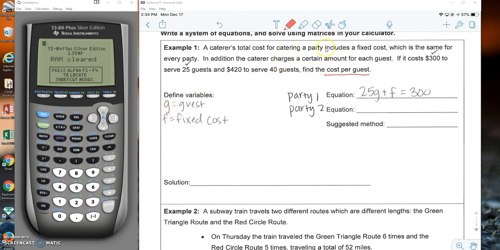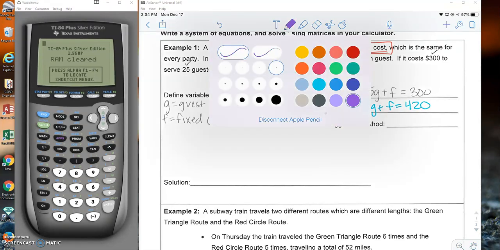The other cost for the party includes the fixed cost. So that fixed cost is our other variable. So party 1 is 25 per guest cost plus the fixed cost that equals 300. And then my other numbers that I haven't used are 40 guests and a fixed cost, which totals to $420.